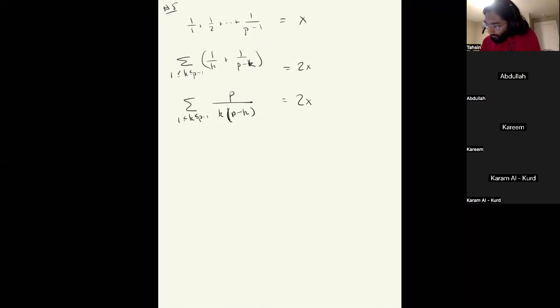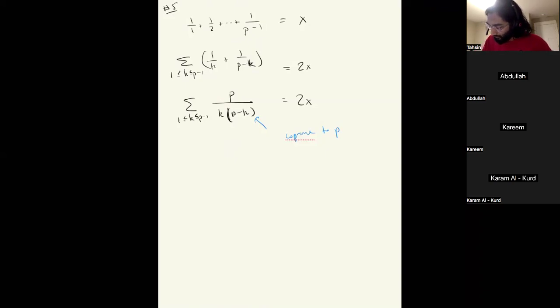This is very nice because we get a factor of p, and the denominators are all co-prime to p, so they won't do anything for us.